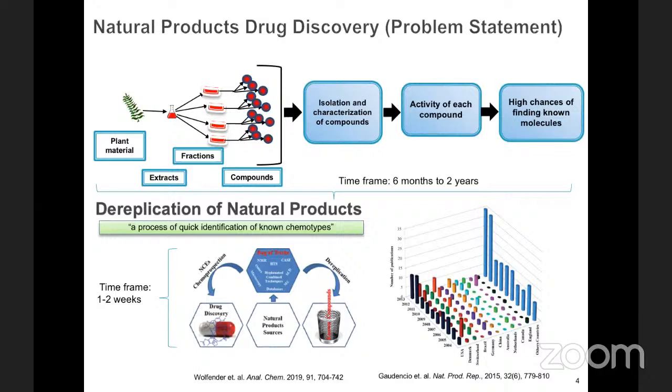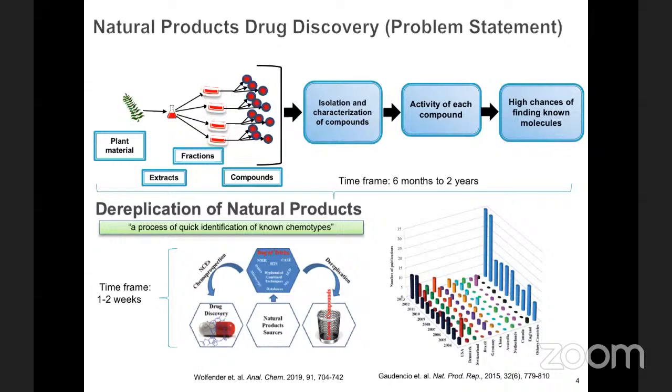This process can be considered a filter between two steps. For example, between fractionation and isolation and characterization of the molecule, you can add this as a filter, and it will remove the fractions, I would say, which contain known compounds.